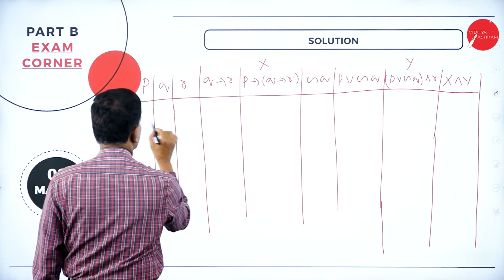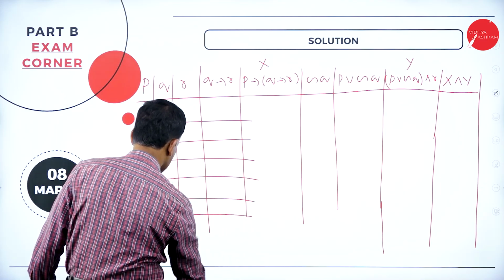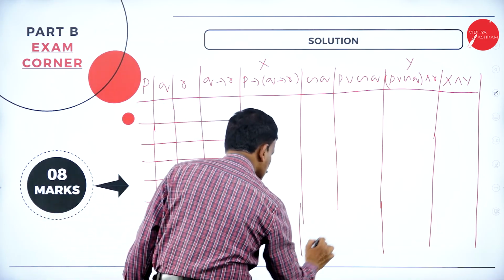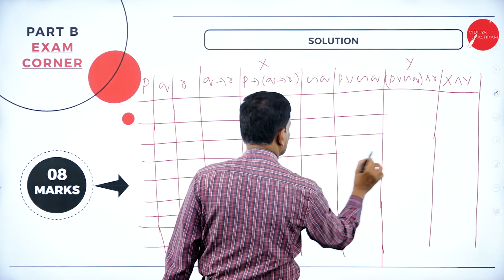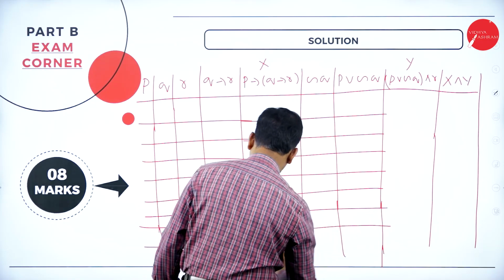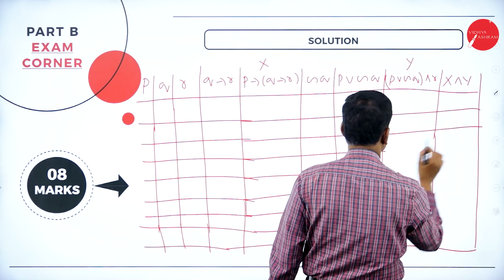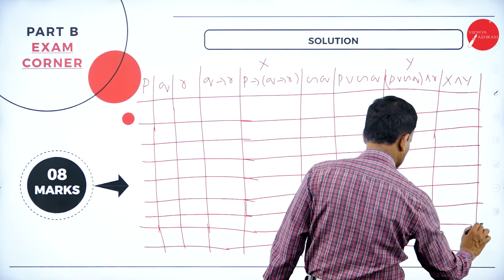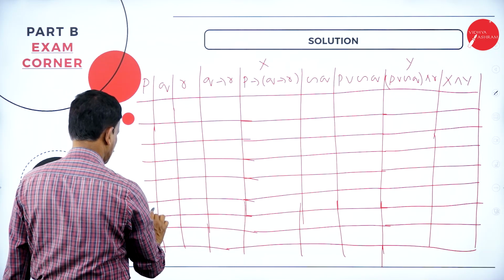So there are 8 sets of values: 1, 2, 3, 4, 5, 6, 7 and 8.